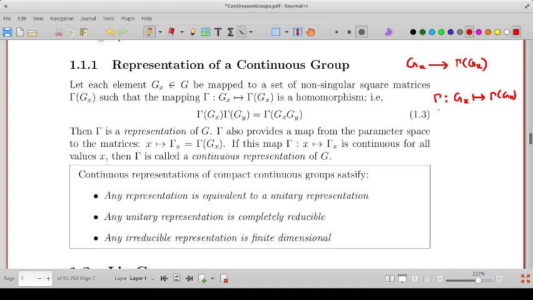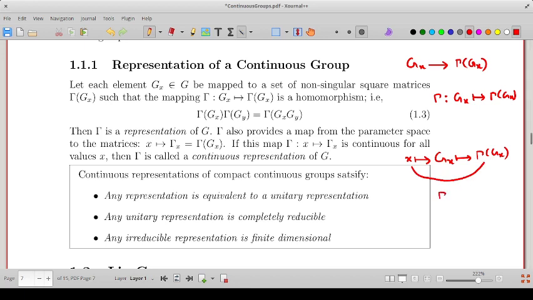Now, the group element Gx is mapped to gamma Gx. If we consider it as a mapping from the parameter space, we see that given a point in the parameter space, this gets mapped to a group element Gx, and this group element gets mapped to gamma Gx. So this implicitly defines a map from X to gamma Gx.